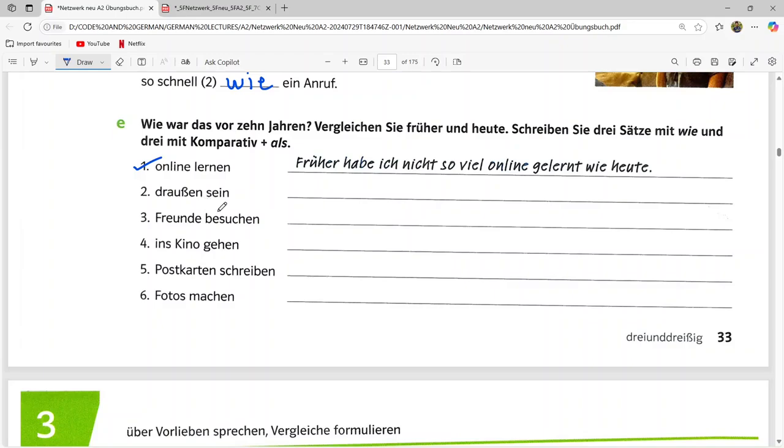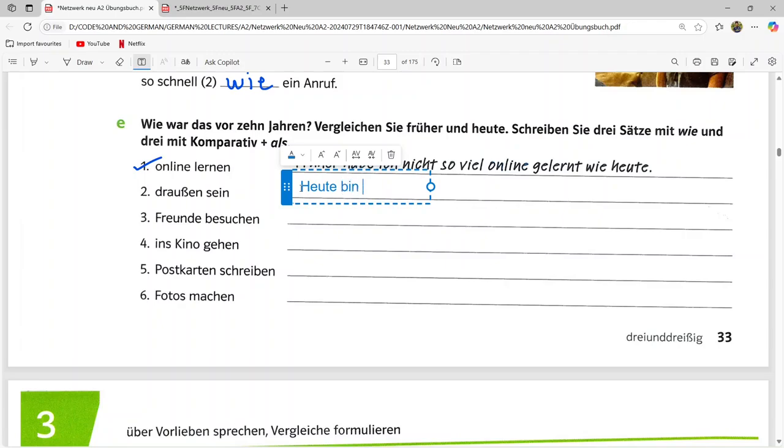Okay, so like today we are much more outside than before. So how can I write? Today I am, this time I am very much outside than I used to 10 years ago. So we can write the sentence like this: heute bin ich, or you can write like this, that I used to be outside before and also now I always am outside.